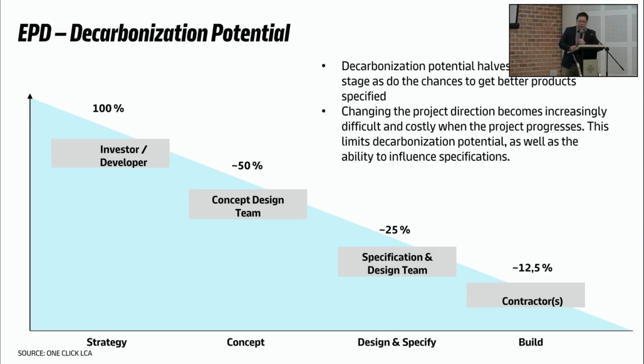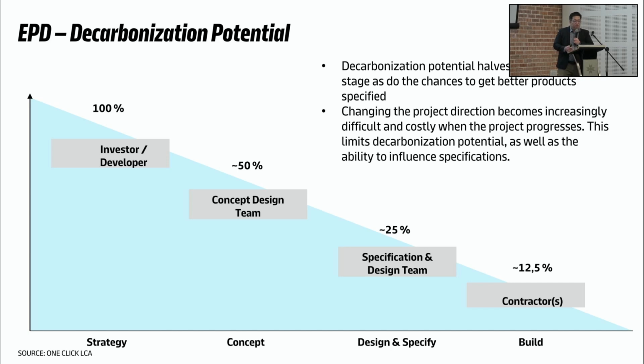Right. Now, in order to make use of the EPD, it should start early. Look at the chart over here. Decarbonization potential halves. It becomes lesser and lesser after each project stage.